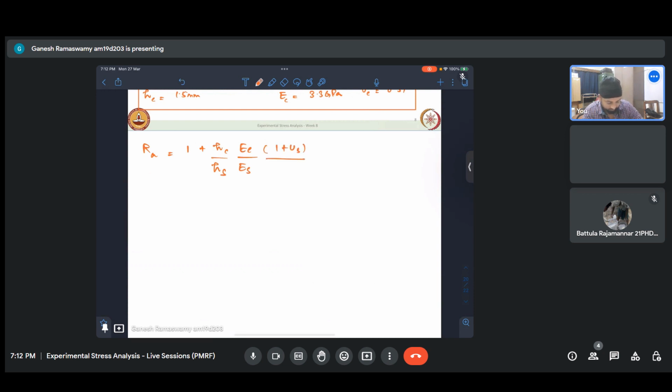plus mu C. How this is arrived at is essentially we will take an uncoated specimen, and then we'll take a coated specimen where this is taken to be the coating and this is the specimen, and this is the uncoated specimen.